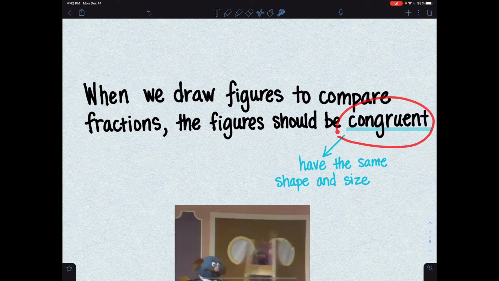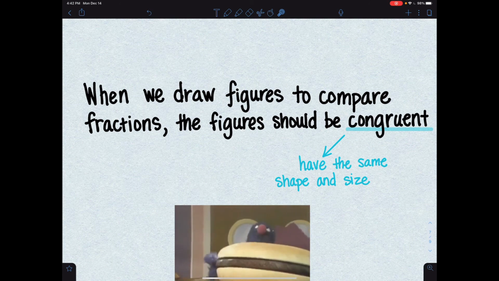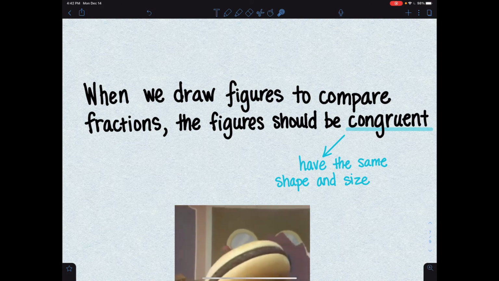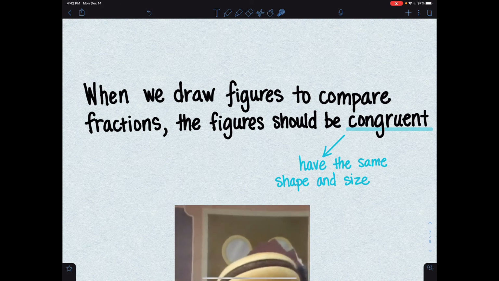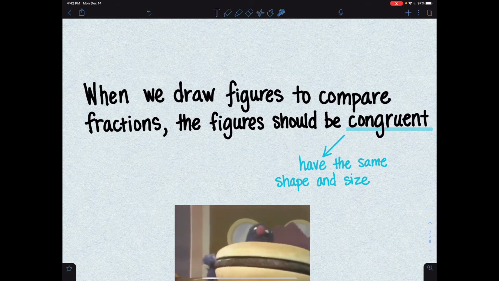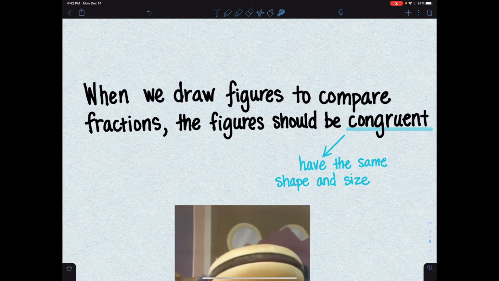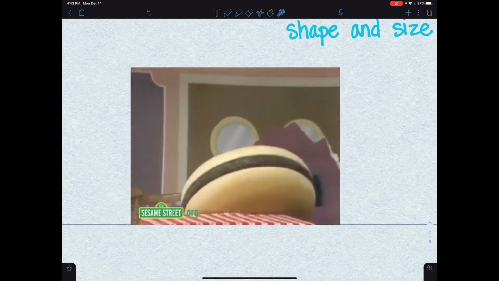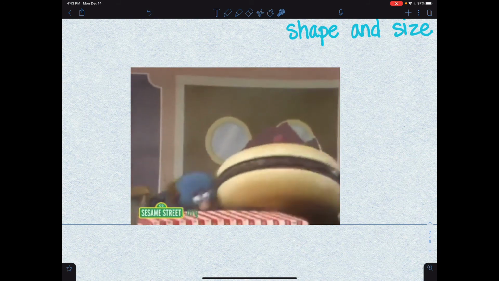So when we draw figures to compare fractions, the figures have to be congruent. So this is a new sort of vocabulary word. The figures have to be congruent. That means they have to be similar size. Like if you're comparing 2 pizzas, it doesn't make sense to compare a humongous pizza with a small pizza and cut it into pieces. It has to be kind of the same size. It shouldn't be like, look at this hamburger that Grover is serving to the customer.